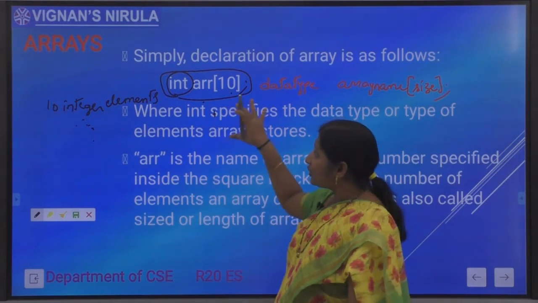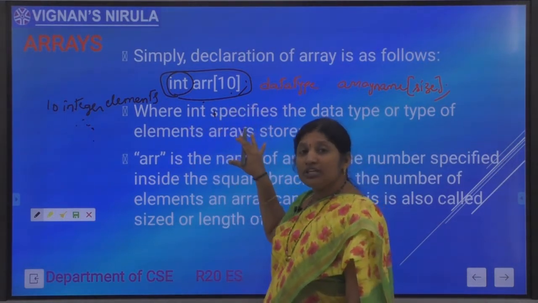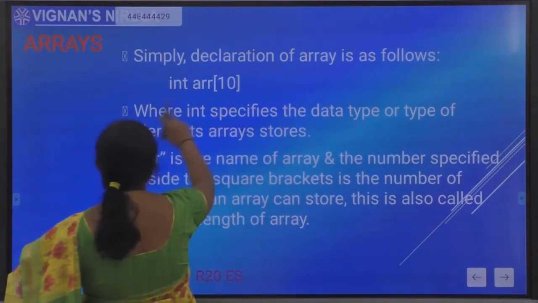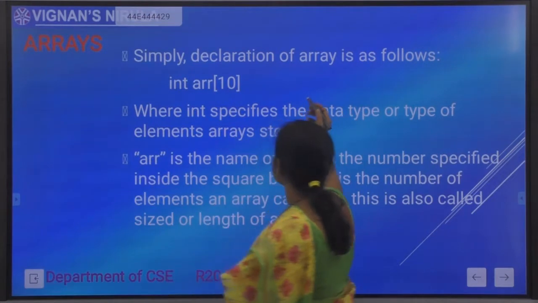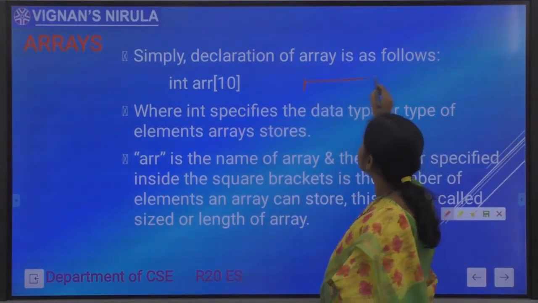Coming to the other definition, all the array elements will be stored in continuous memory locations. Let us see how this array is going to be represented in memory.